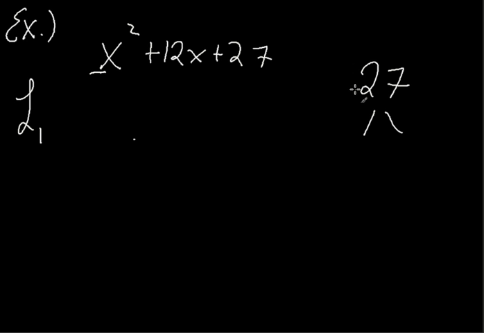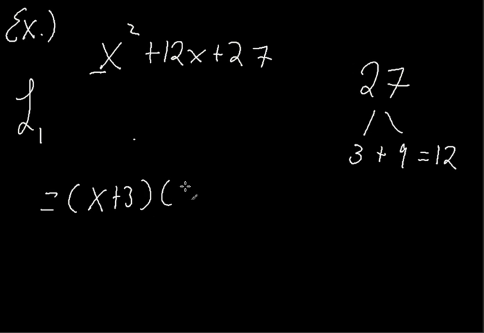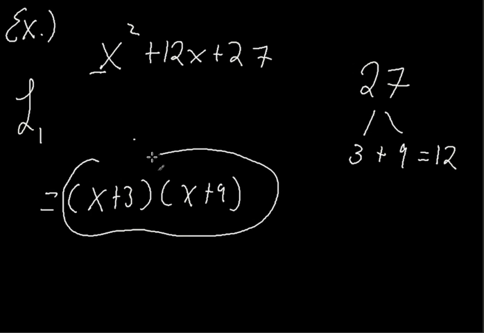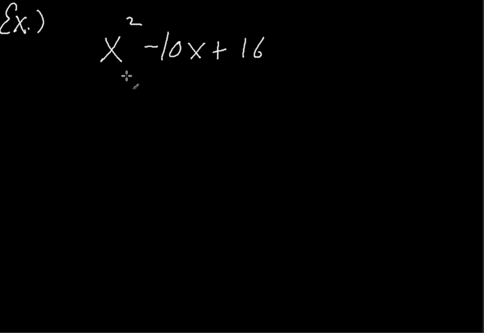Yeah, that would work, because if you multiply them, you get 27, and if you add them, you get 12. So it looks like we've identified it: x plus 3, x plus 9. If you redistribute this, you'll get back the original trinomial. So this is factored.